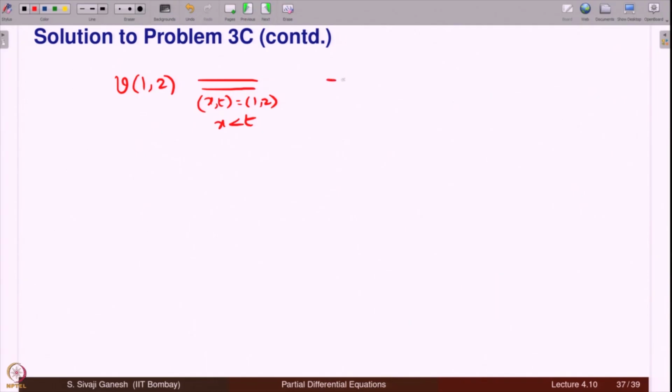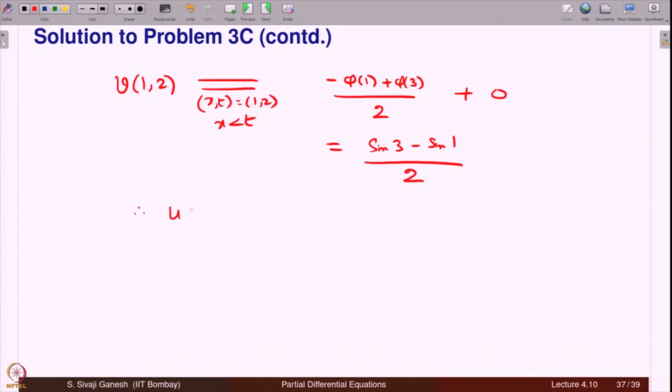That is given by minus phi of 1 plus phi of 3 by 2, psi is 0, so there is no other term, and this is nothing but (sin 3 minus sin 1) by 2. Therefore, U of (1, 2) is V of (1, 2) plus W of (1, 2).